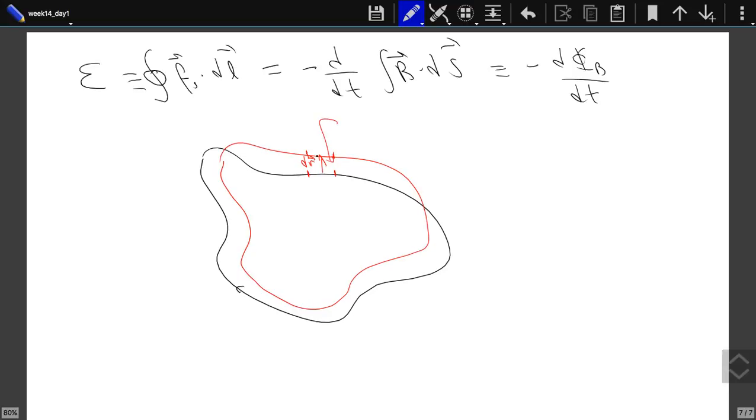At that point, let's say there is a B field. So the change in flux is basically, let's say we have an area element over here. Now let's say this is a length dl. Now what is that area?